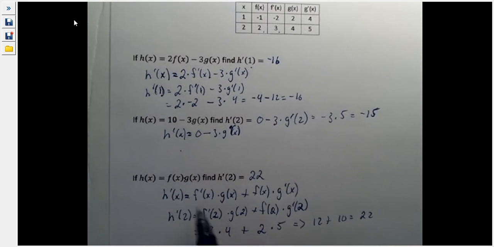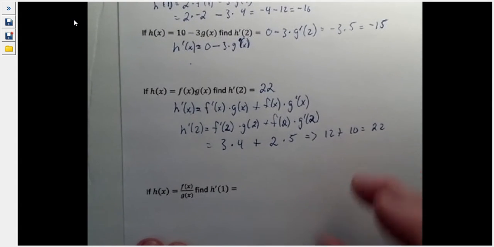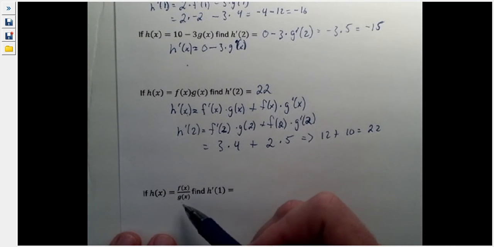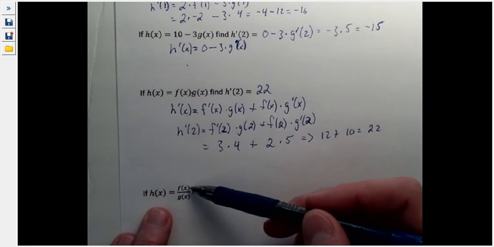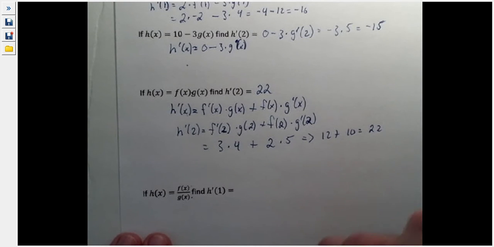So again, all we're doing is taking the derivative using our derivative rules given to us like this, then plugging in the value they're asking us to plug in, using the table to find those values, and then simplifying. And now the last one. You can see right here, this is finding the derivative of h, which is a function divided by a function. When you have a function divided by a function, we're doing quotient rule.